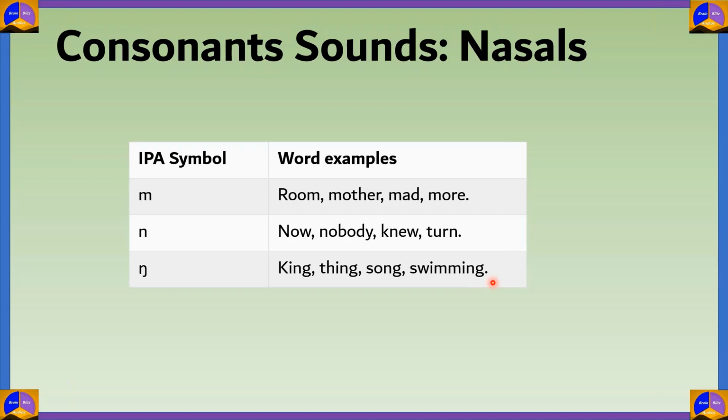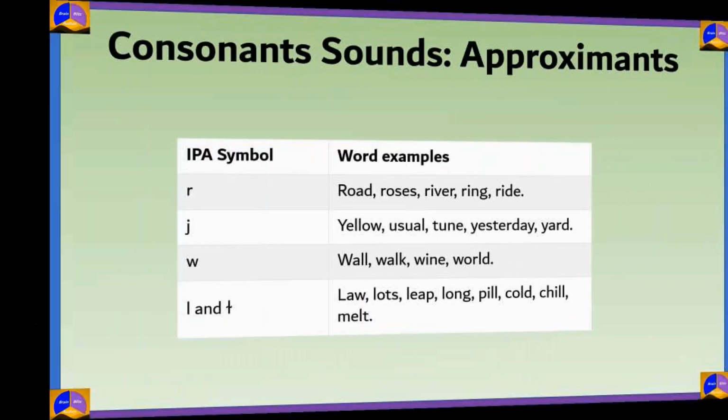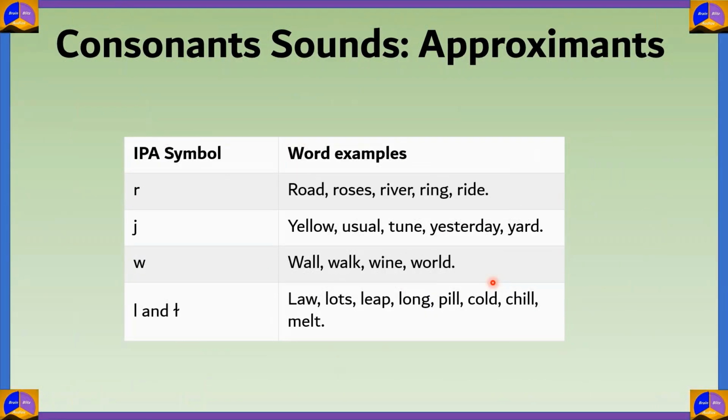So that completes the nasals. Let's move on to the last type of consonant sounds. These are the approximants. Now, approximants are a kind of midway between vowels and other consonants such as fricatives, plosives, etc. In fricatives, you only leave a small portion of the mouth open at any one place in order to give you turbulent flow of air.